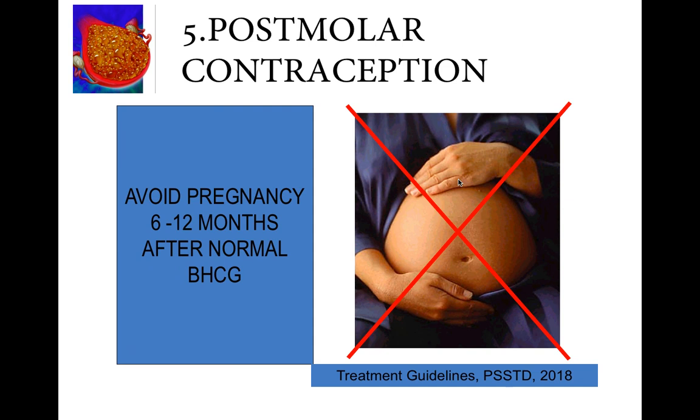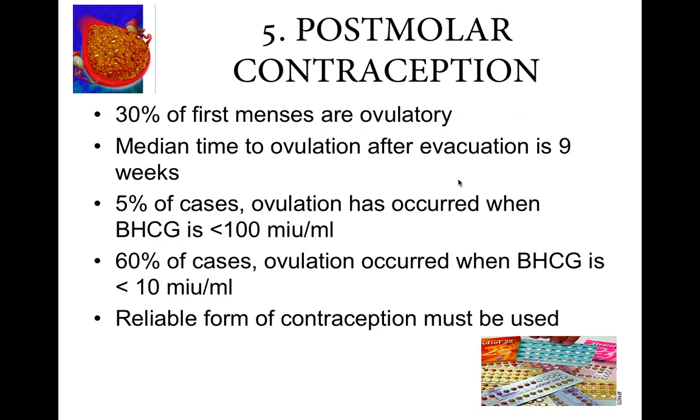And patients are advised to avoid pregnancy in the succeeding 6 to 12 months following normal beta HCG in order to allow ample observation time for the development of post-molar GTN. We have to remember that 30% of first menses are ovulatory, and the median time to ovulation after evacuation is 9 weeks.